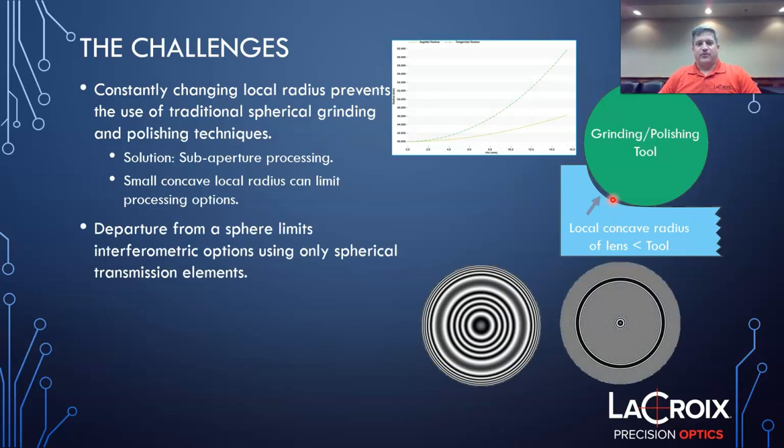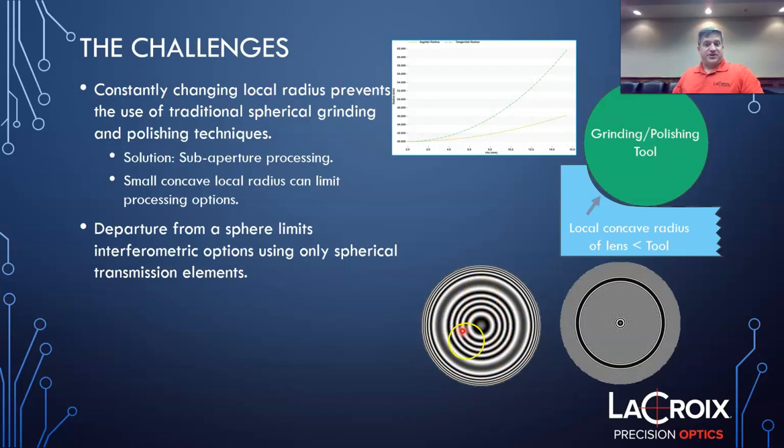Another challenge is, of course, the measuring. So the departure from a sphere limits your interferometry options when using a spherical transmission element. So if you put an asphere on your standard interferometer, it would be a perfect asphere, but instead of seeing straight lines or no fringes, you're going to see some concentric rings, depending on how much departure there is.